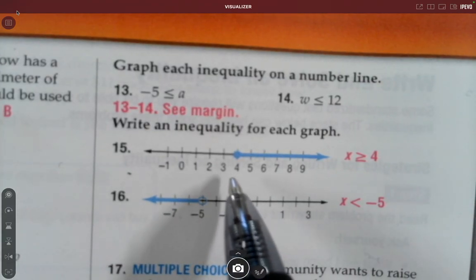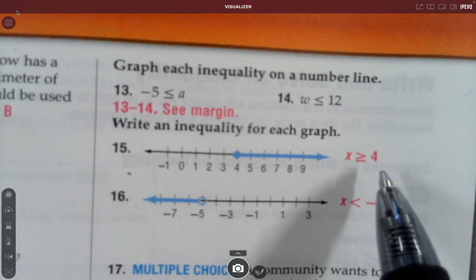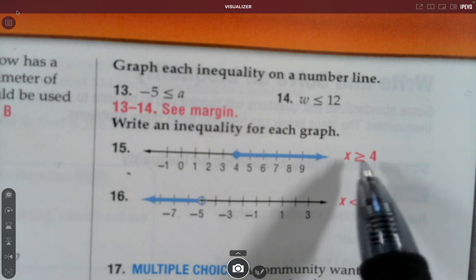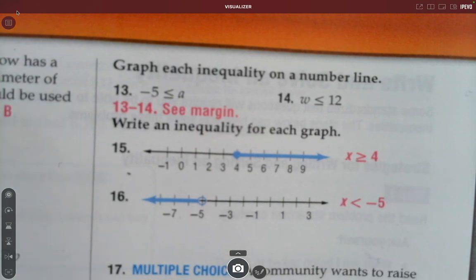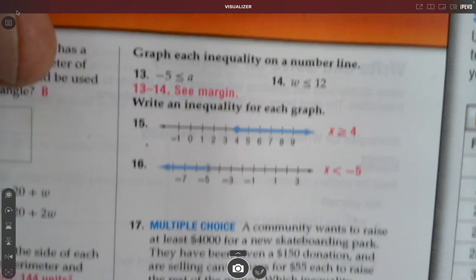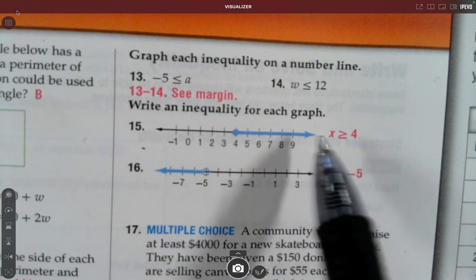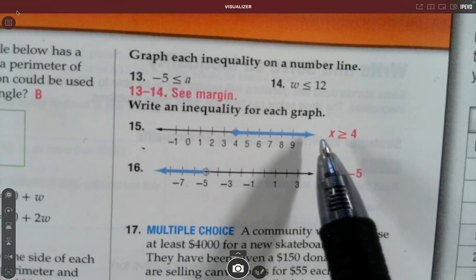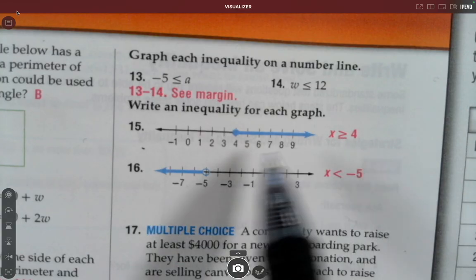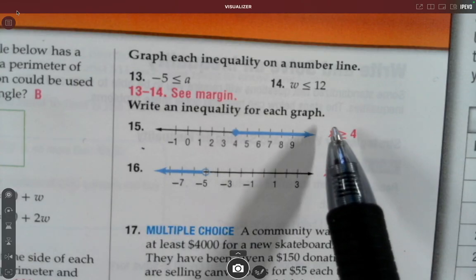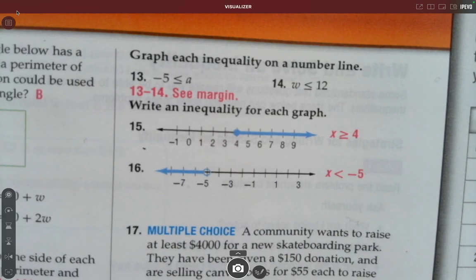So right away, I would know I could go ahead and write my x and my 4. Since it's a closed dot, I know I'd need or equals to. And since it's bigger numbers than 4, I know it's greater than or equal to 4. So closed dot means or equals to, shaded to the right, bigger numbers means greater than or equal to.